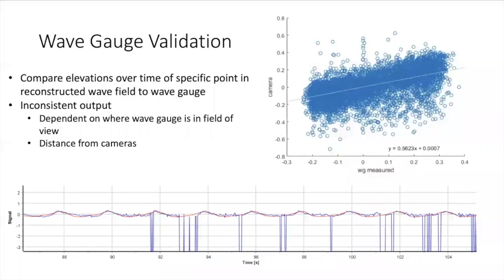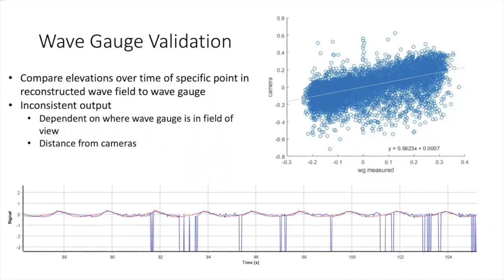So we wanted to use wave gauge data to validate what we were getting from the stereo reconstruction. To do this, we were picking out a point in the stereo data where the wave gauge was in real world coordinates and then comparing this to what the wave gauge was actually recording.